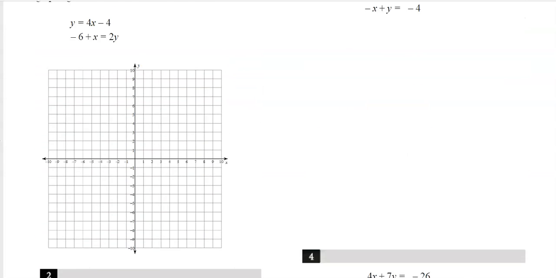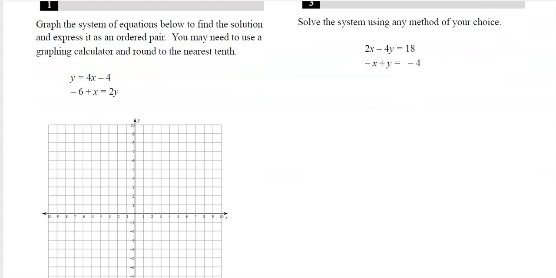All right, moving on up to number 3, solve the system using any method of your choice. The way it's set up, I would like to eliminate. Can't really eliminate just yet though because I don't have any opposites. So I think I'm going to multiply this row by 2, and that way I'm going to eliminate x's. So top row I don't mess with.